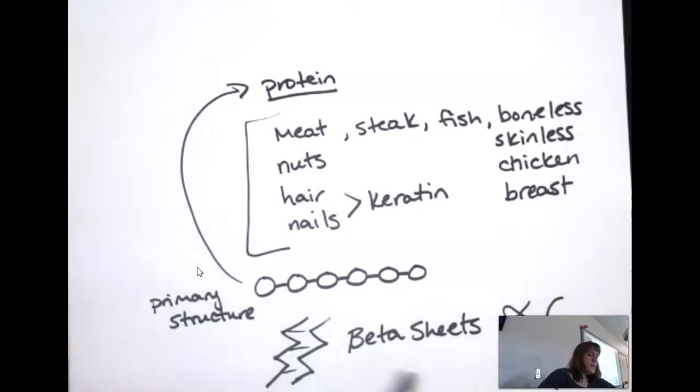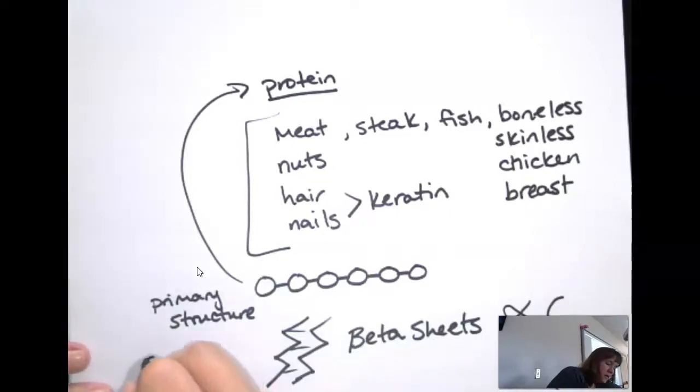This is the secondary structure. It's basically saying that this primary string of beads is now going to be attracted and form bonds that fold it into a specific shape following one of two patterns, either the beta sheet or the alpha helix, which is just a corkscrew. So this is secondary.